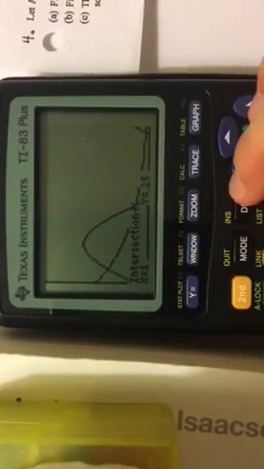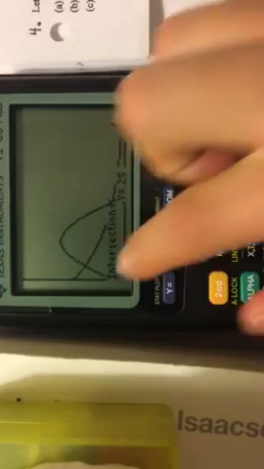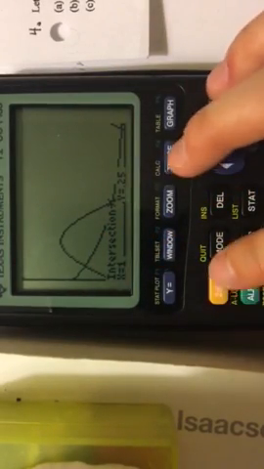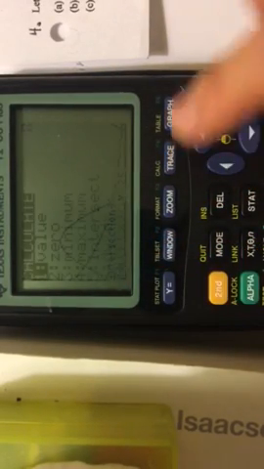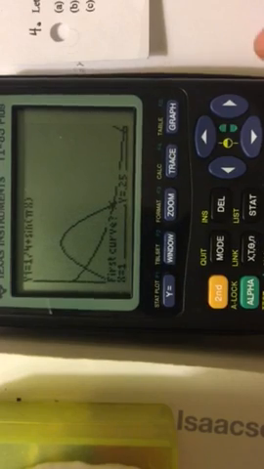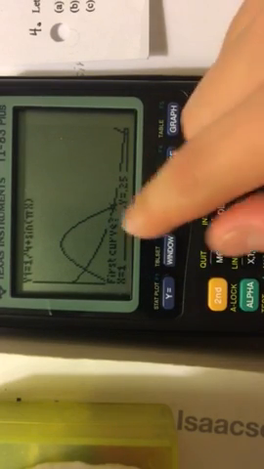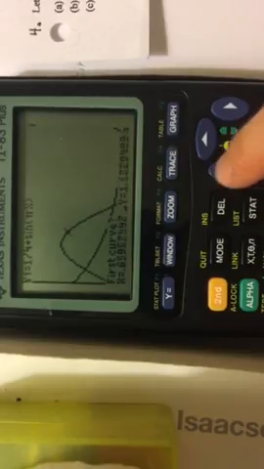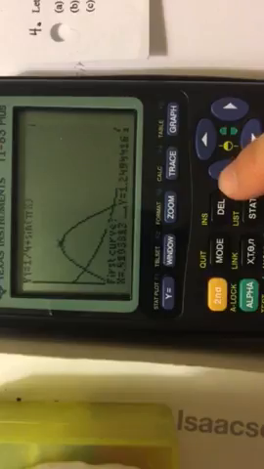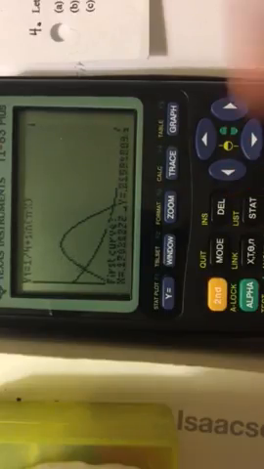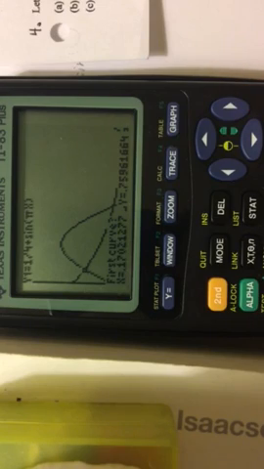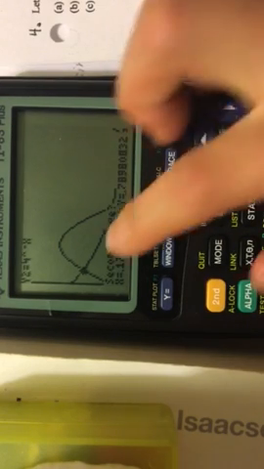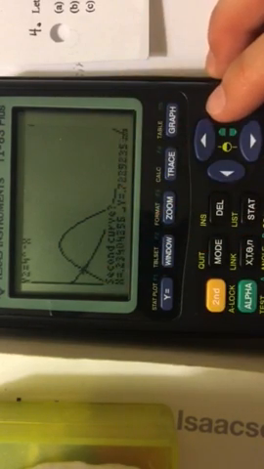And then we want to find the intersect point over here. So you still do the same thing, second trace, 5 is the intersect, and then this time you want to move the cursor over here. So you just move. Yeah, somewhere around that, see? And then enter, and then here's the second curve, see?